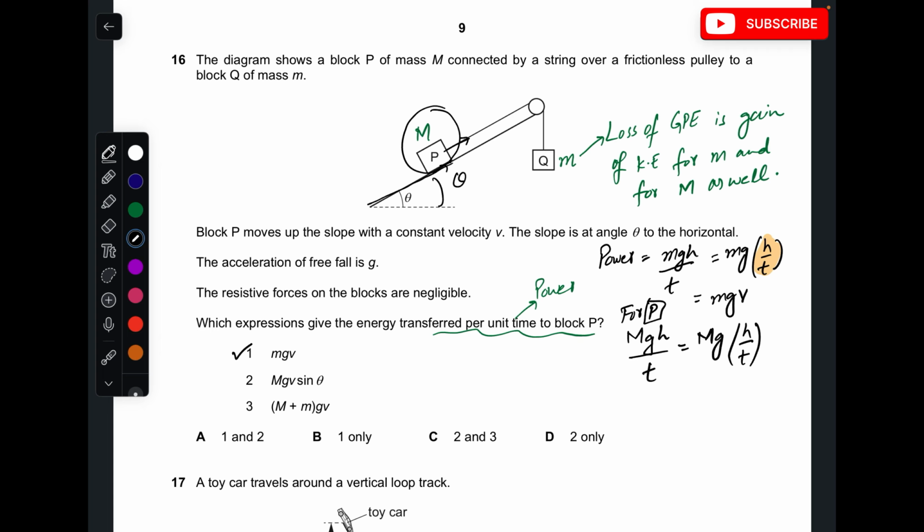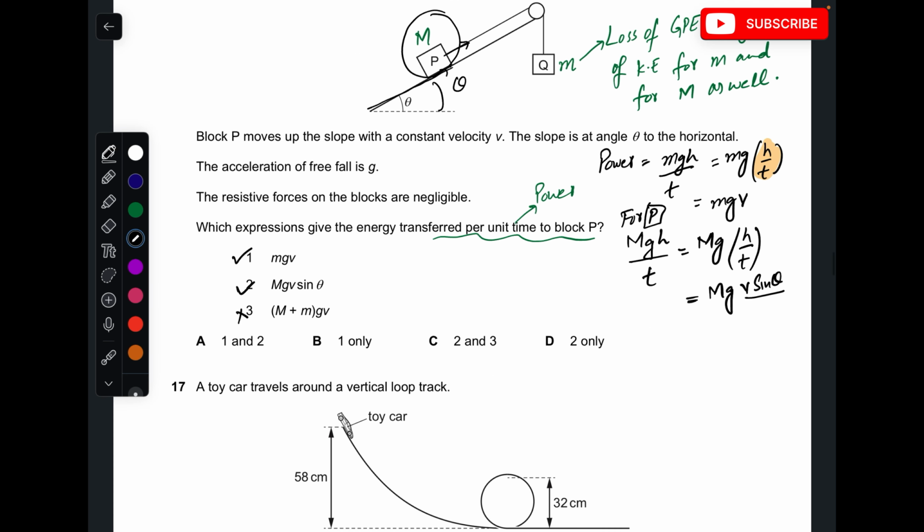Okay, so h is the vertical component of the displacement, you can say, the height it's covering. So this will give you the vertical component of velocity as well. So v sine theta you can write this as. Okay, so this is also true, but option C is not true. This is not making sense. You can't derive this, so it's option A that is correct.